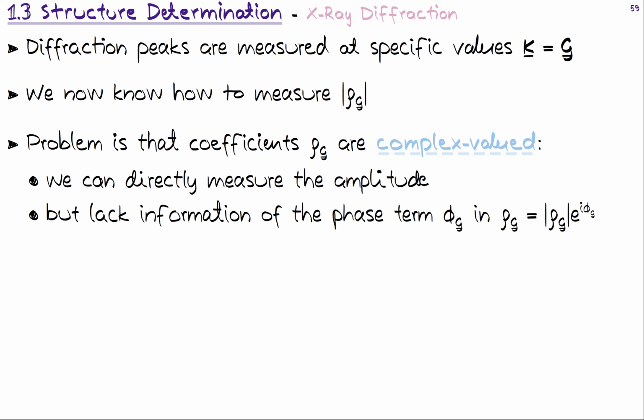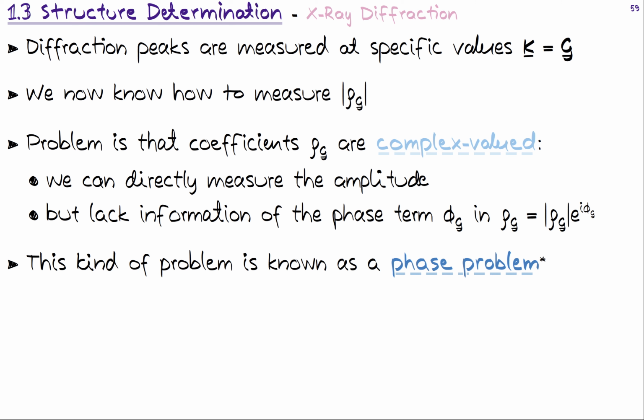And this is actually important because we need to be able to extract the actual real valued rho after the experiments. And interestingly enough, at least I like mathematics a lot, this kind of problem, if you want to describe it in more general terms, is known as a phase problem.